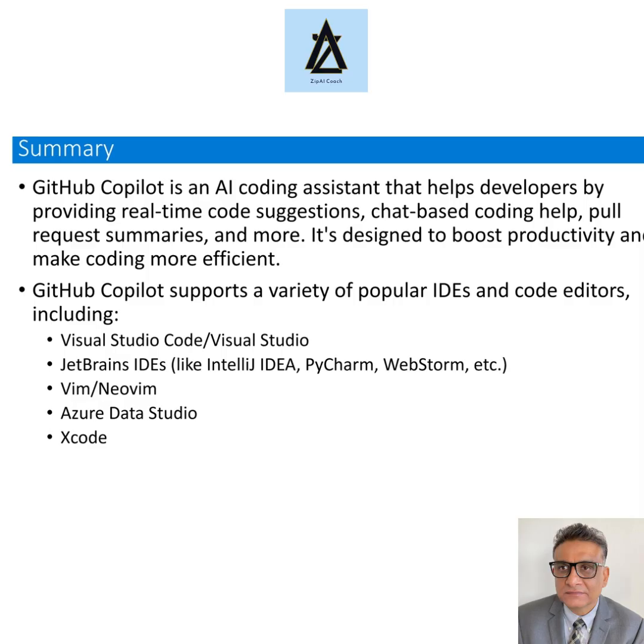That generally takes a lot of developers' time. It is available for all popular IDEs like Visual Studio Code, JetBrains IDEs, Vim, Neovim, Azure Data Studio, and Xcode if you are developing for iOS.